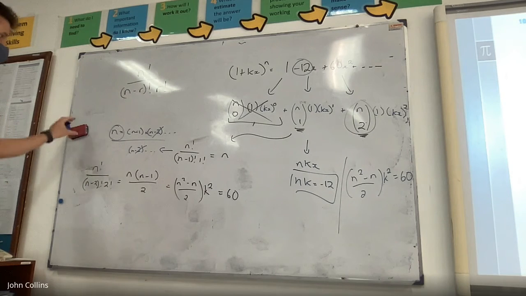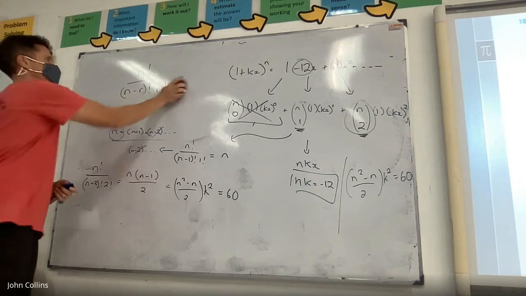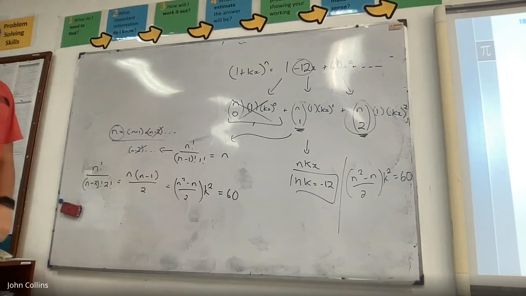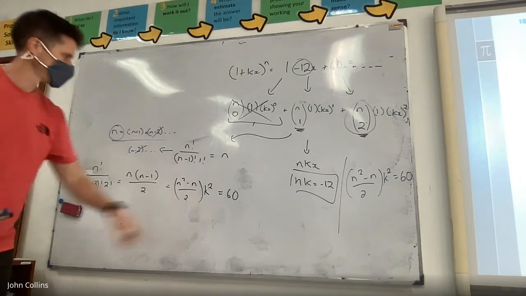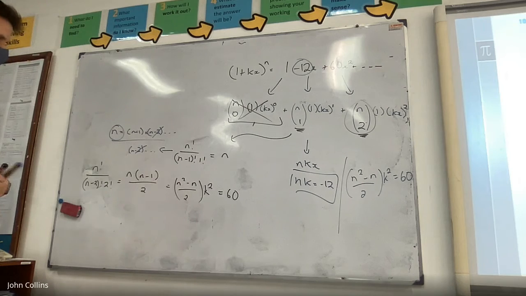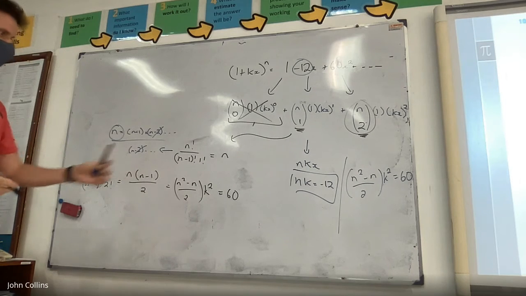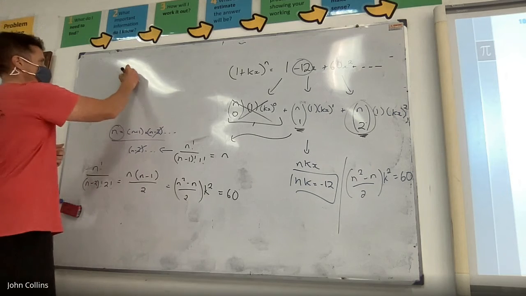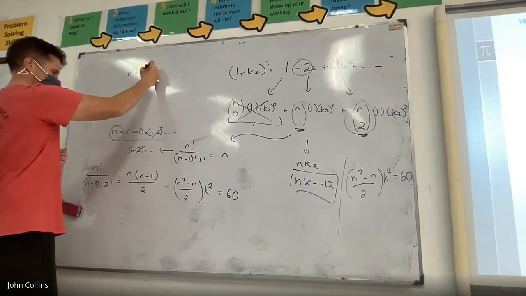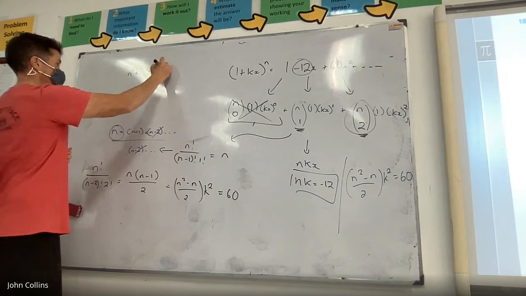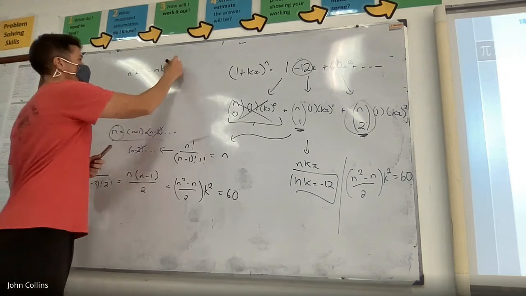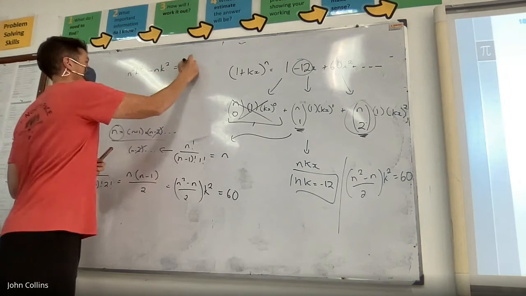I think. Well, let's do it. Let's look at this. I'm going to simplify this first. I think if I multiply in the k squared, it's going to be n squared times k squared minus nk squared equals 120.